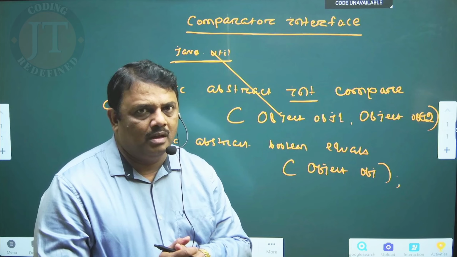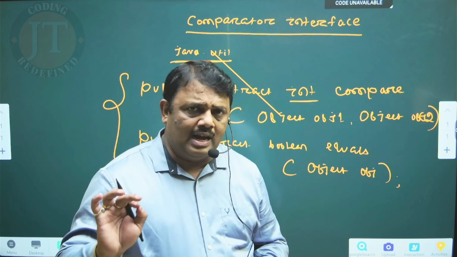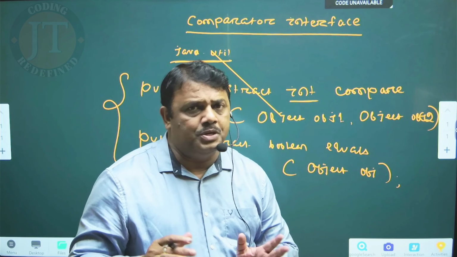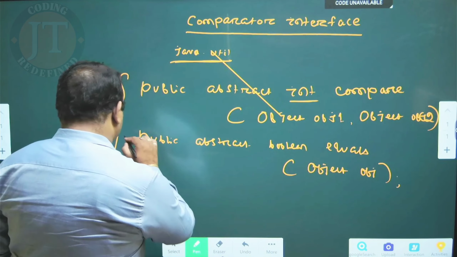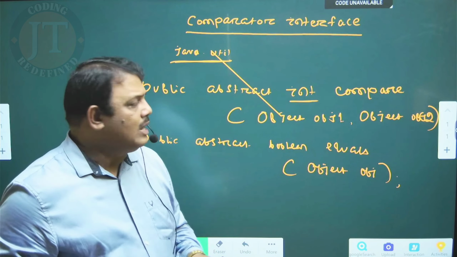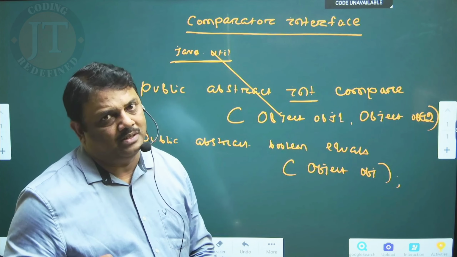You know that when in Java I declare a class, that class must inherit from which class? Object class. So Object is the base class for every class. And the Object class already has a method called equals.